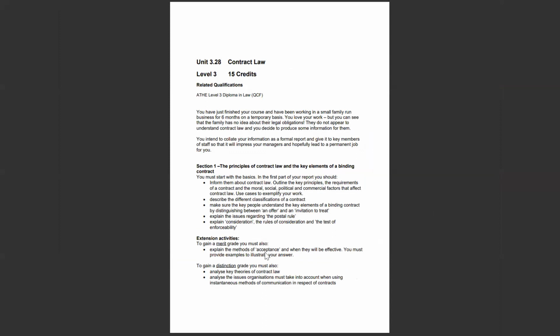So for this assignment on contract law, please make sure that you have the headings in, you have your name, you have what I call the ID number, you have the award that you're doing, so it's ATHE level 3 diploma in law, and also that you have what section you're doing, and your extension activities as well need to be clearly identified, and you should be using the Harvard referencing system to help you with anything.